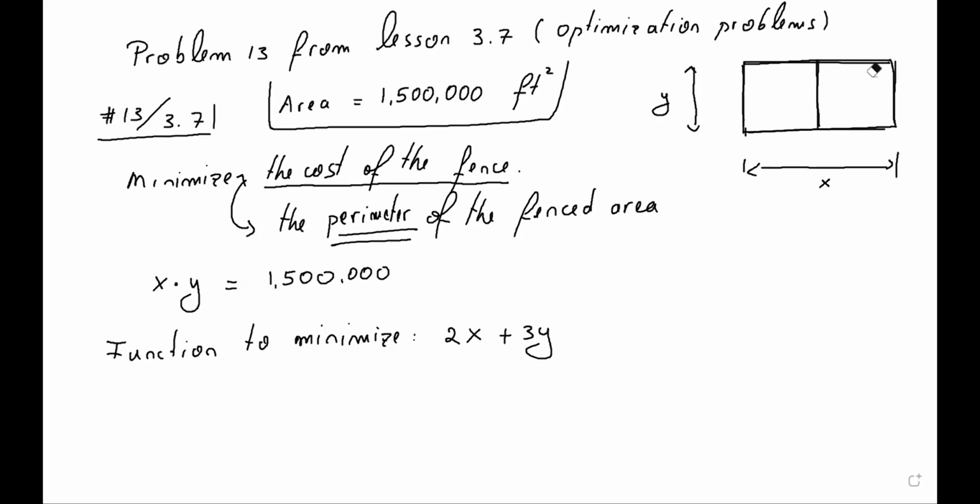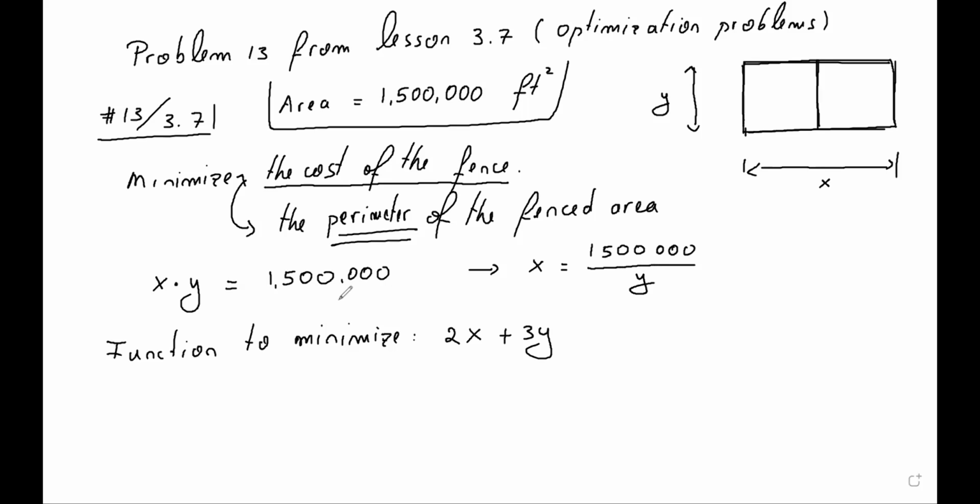All right, folks. So the function to minimize is this one over here, and we need to express this in terms of just one of these variables. The preferred variable would be, in this case, let's write X as 1,500,000 divided by Y, for example.